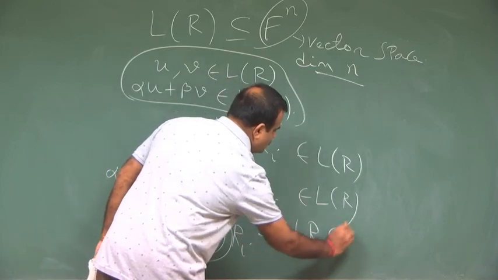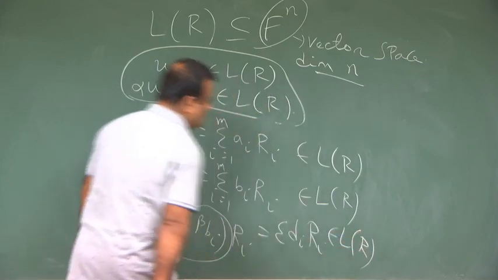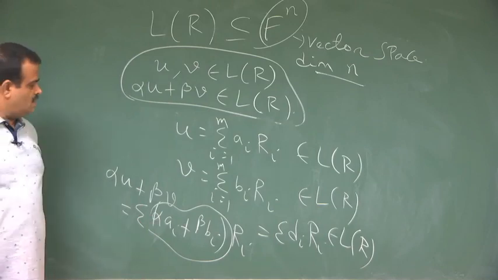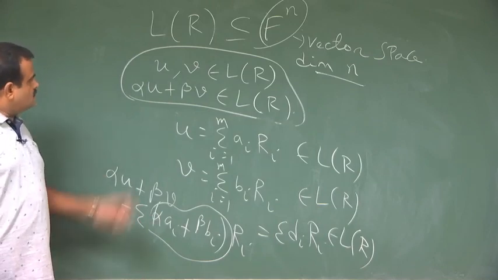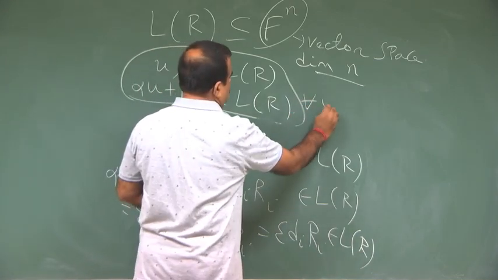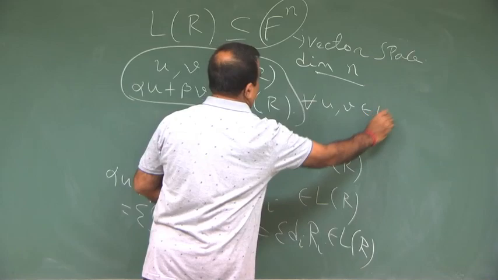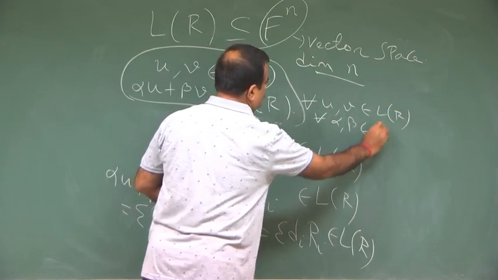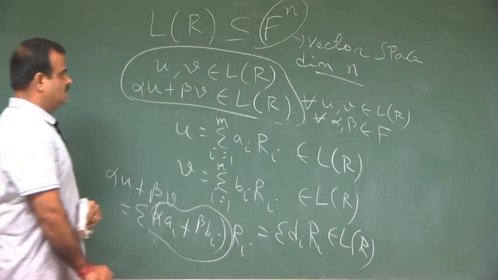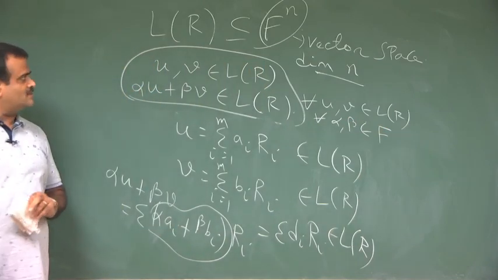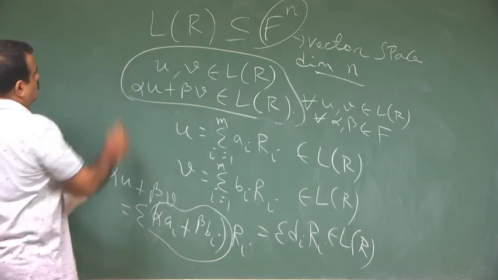This is a linear combination of the rows, so it also belongs to the span. This holds for all u, v in the span, and for all alpha, beta in the scalars. So this is a vector space, and this space is called the row space.